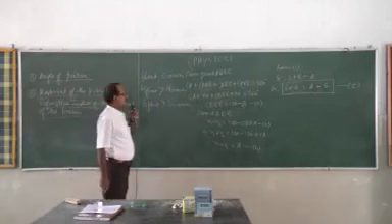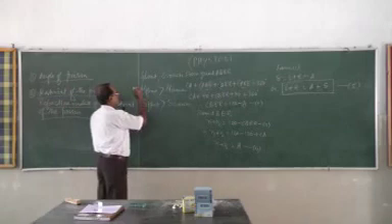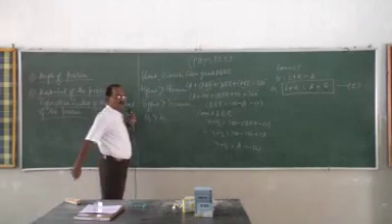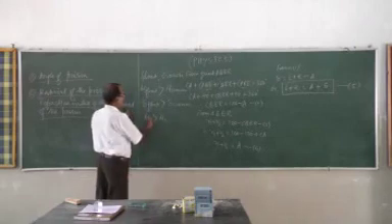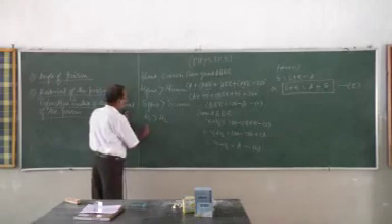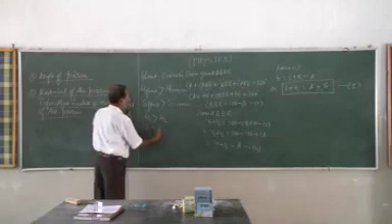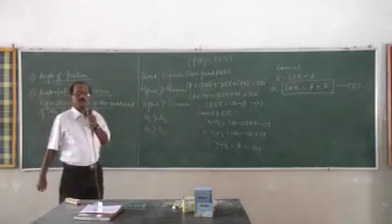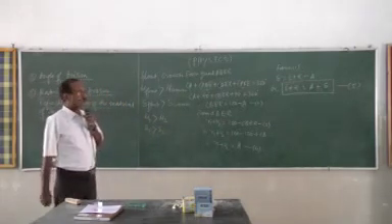Another way, if mu1 is greater than mu2, two different materials, 1 and 2, then delta 1 must be greater than delta 2. The more refractive index, more deviation takes place.